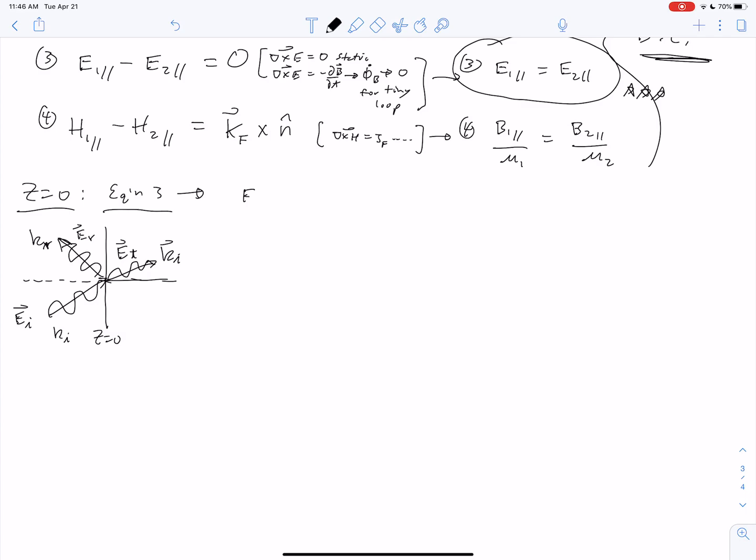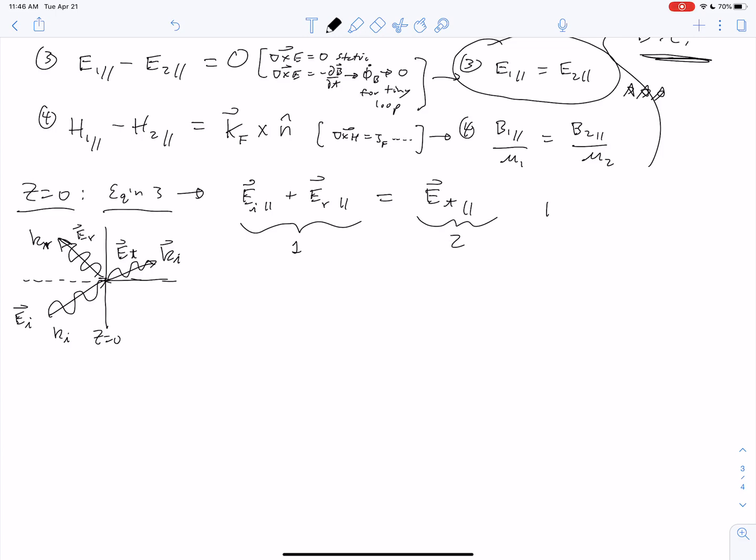And so we see that from equation 3 that on side 1, we're going to have E incident parallel plus E reflected parallel equals E transmitted parallel, because that's on side 2.